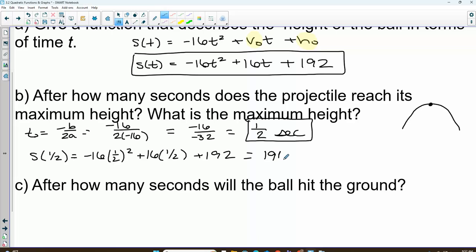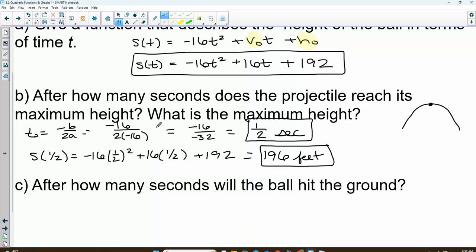Get 196. And what is my height measured in? Okay. So I was just asking for the x and y values of the vertex. The x gave me my seconds. When I plugged it in, I got my height.